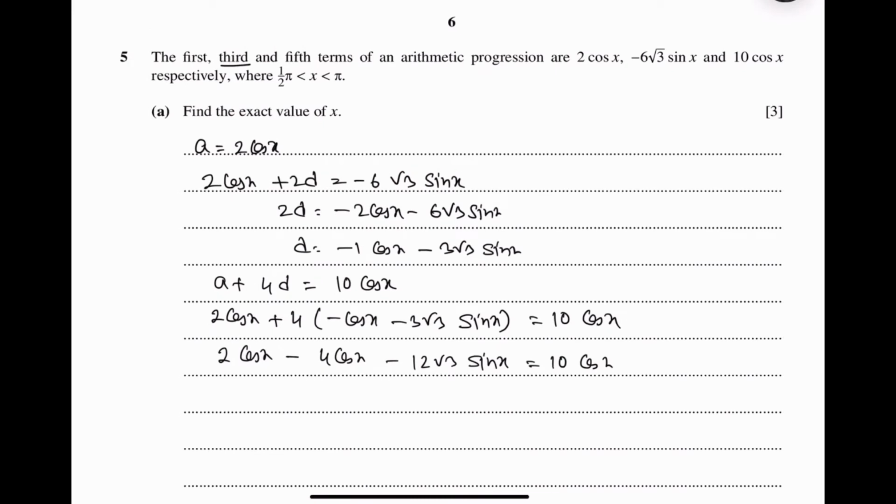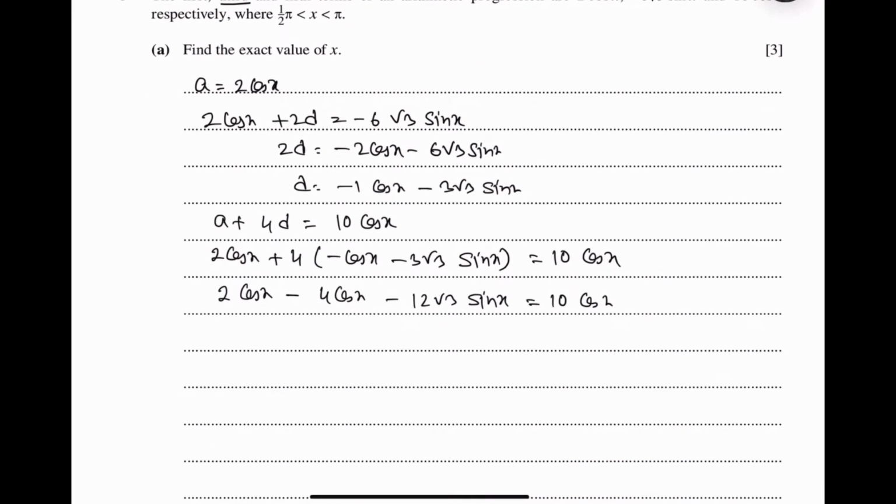Now let me go for simplification. This is 2 cos x minus 4 cos x, that is minus 2 cos x, minus 10 cos x, equals 12 root 3 sin x.